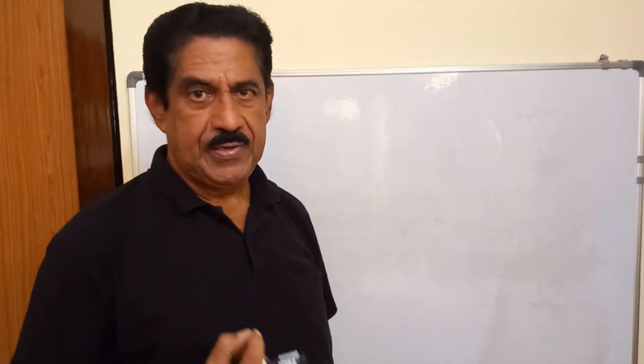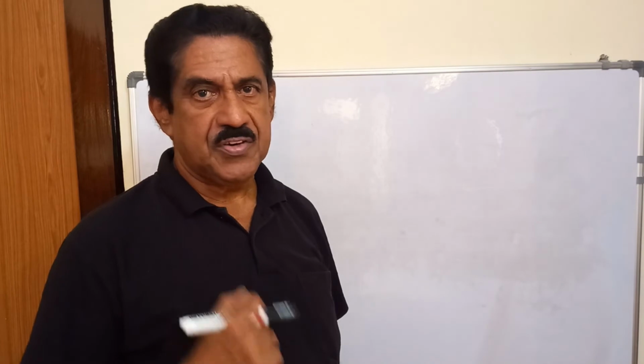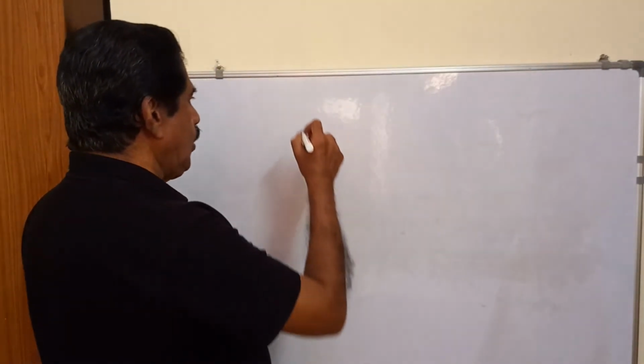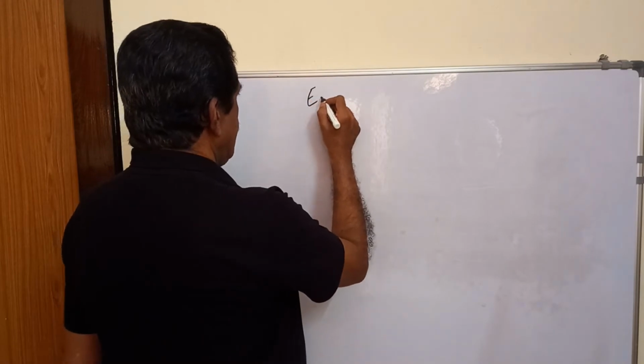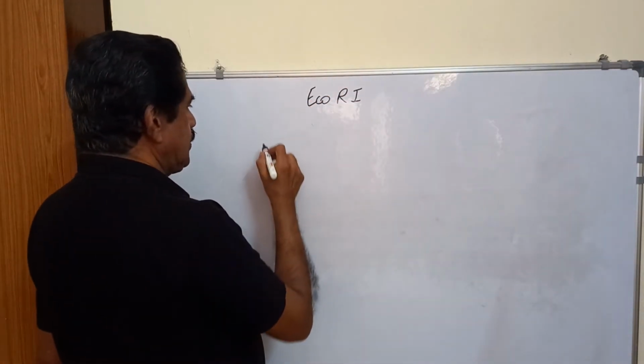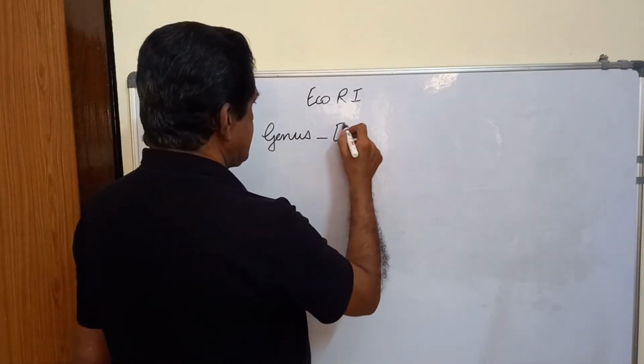Now let us look at the naming or nomenclature of restriction endonucleases. In the example, EcoRI, E stands for genus. The genus is Escherichia.